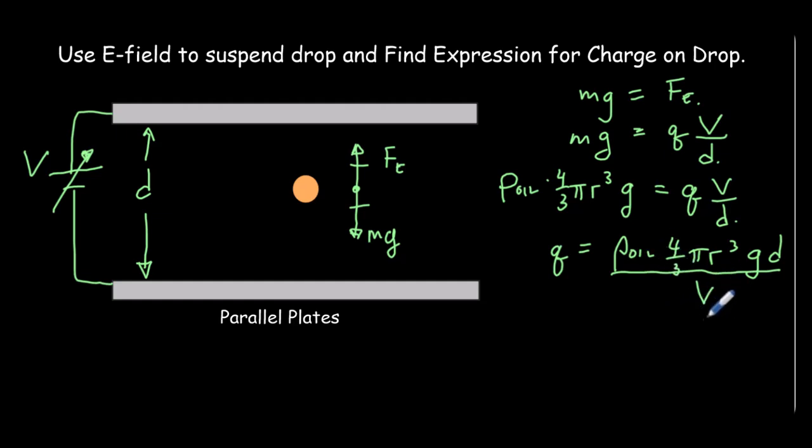We know the voltage across the plates. We know the density of the oil. We know the gravitational field. We know the distance between the plates. So what we need to figure out is the radius of the drop. How big is our drop? That's our big question now. If we can find r, then we're going to be able to determine the charge on the drop. And that's what we're really after, the charge on the drop.